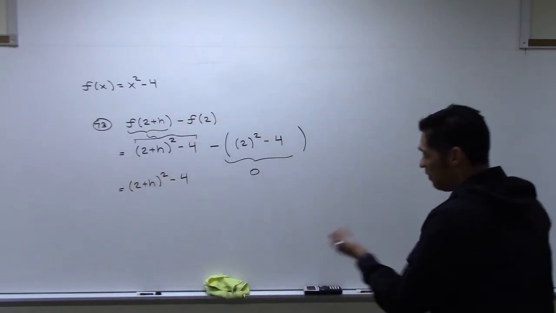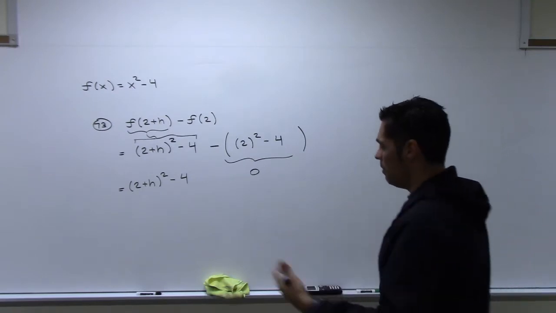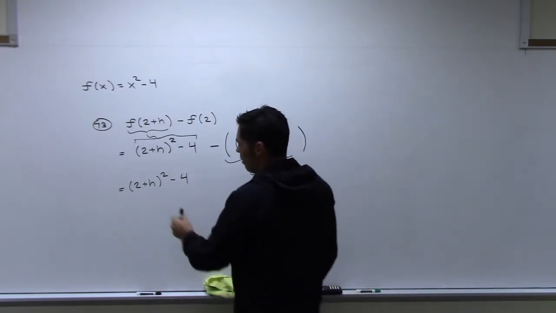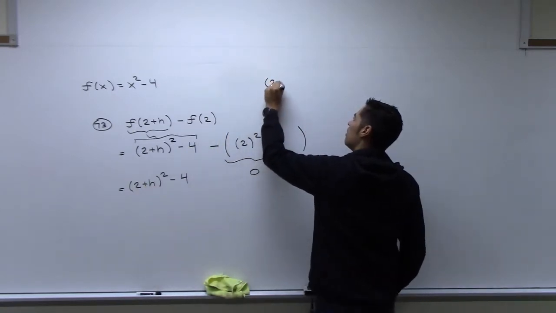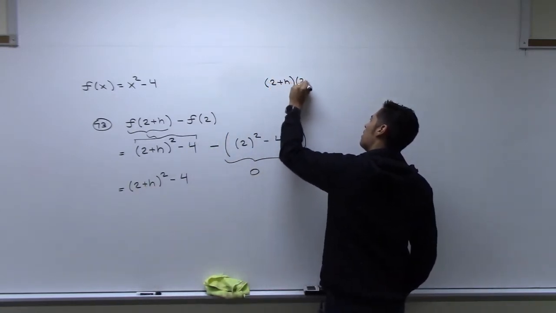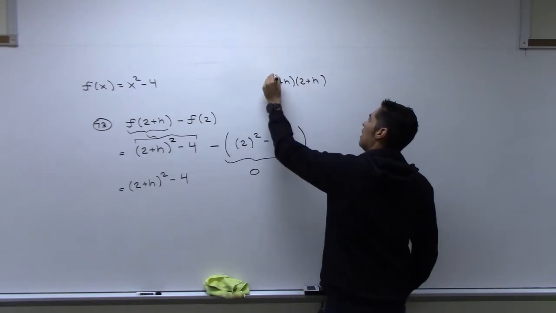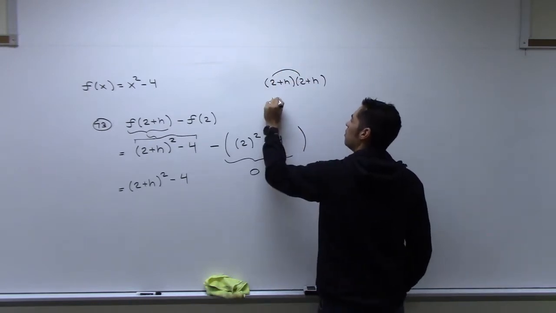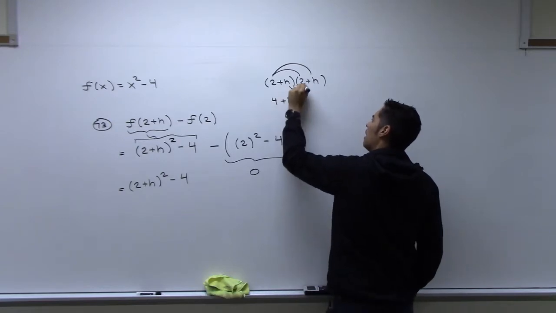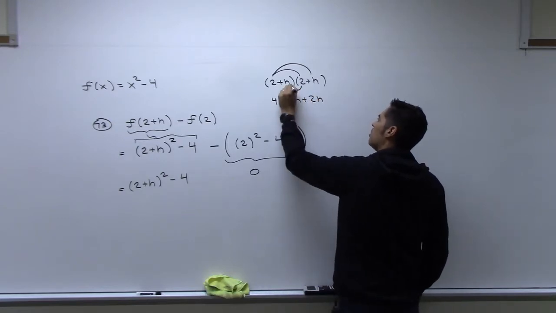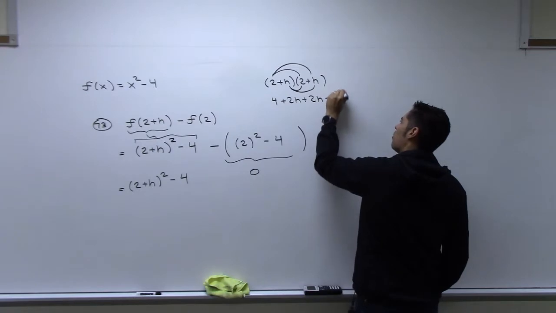Now, that's fine as an answer, but because of what we're going to be doing later, I want us to just practice expanding this. Remember, 2 plus h squared means 2 plus h times 2 plus h. And then you have to FOIL. So 2 times 2 is 4. 2 times h is 2h. And then h times 2 is another 2h. And then h times h is h squared.